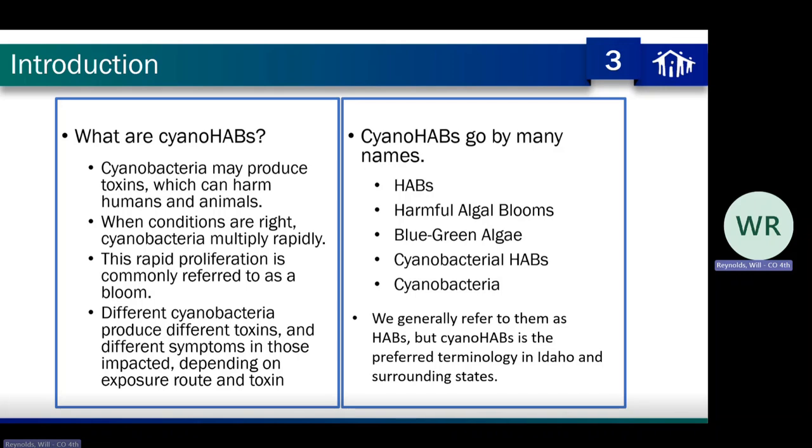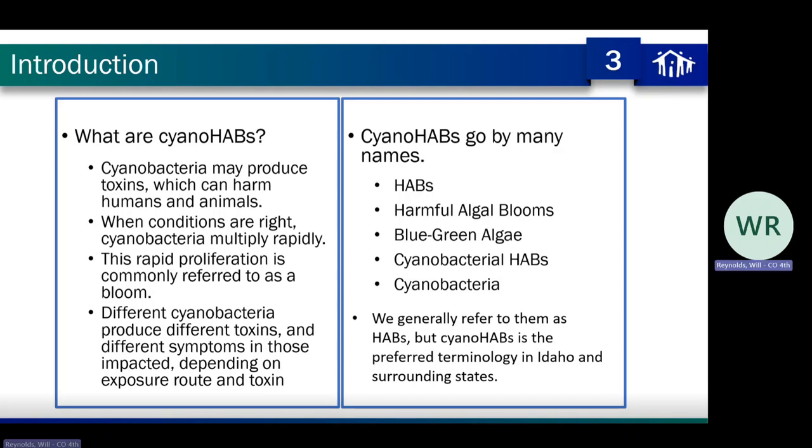HABs is short for harmful algal blooms. So these will go by several different names. We generally refer to them as HABs, but cyanoHABs is sort of the preferred terminology in Idaho. So HABs, harmful algal blooms, blue-green algae, cyanobacterial HABs, or cyanobacteria.